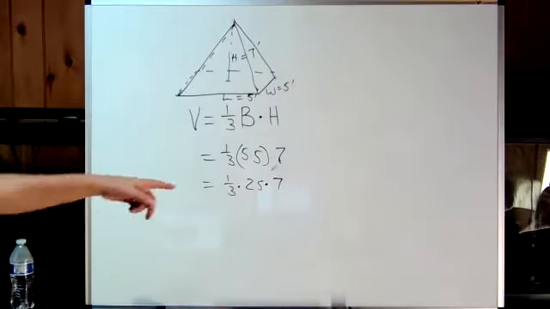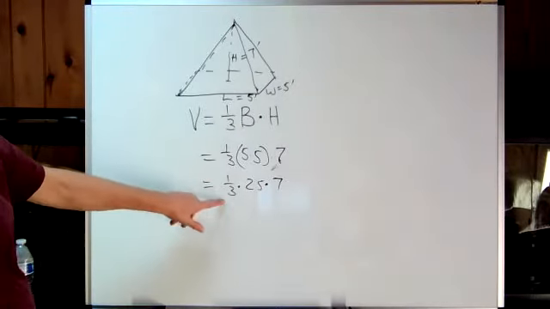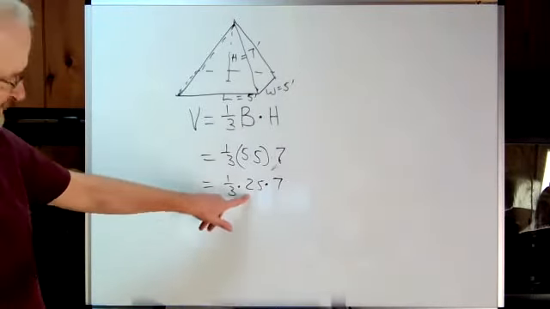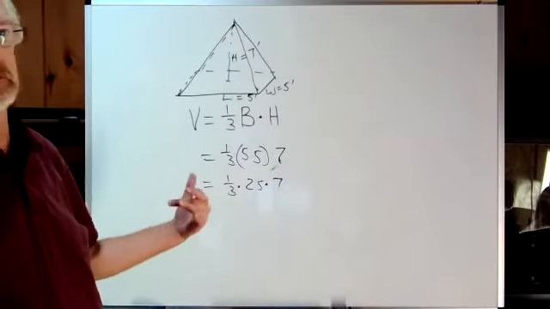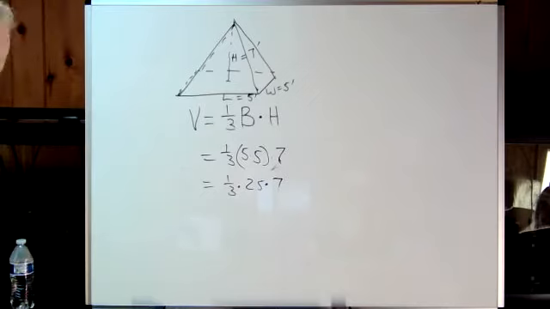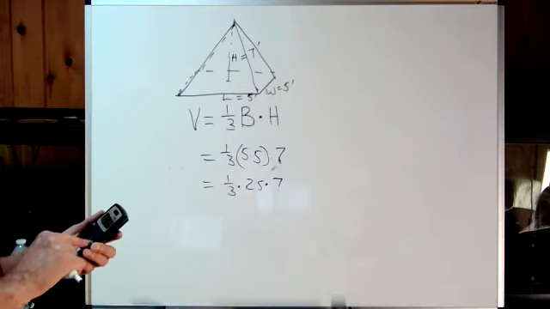Now, if I want to plug that in my calculator, you can do 1 divided by 3 times 25 times 7, or really 1 times 25 times 7, and then divide by 3. The number in the denominator is like a number you're going to divide by. Convenient to think of it that way in your calculator.